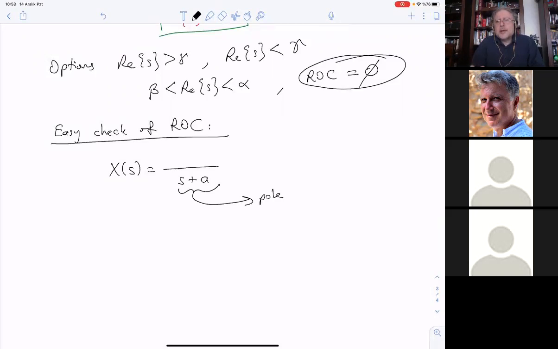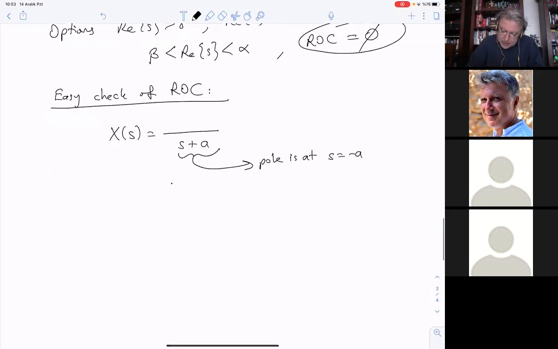A pole is a point where X of s diverges to infinity. And if in the denominator we have s plus a like this, when does X of s go to infinity? It goes to infinity when s is equal to minus a. So the pole is at s equal to minus a.